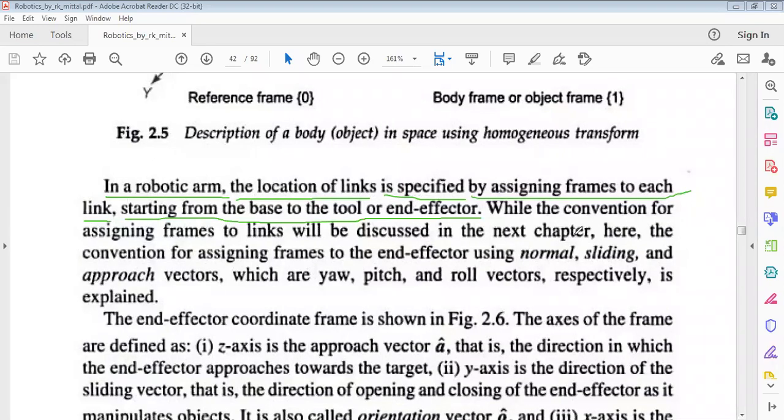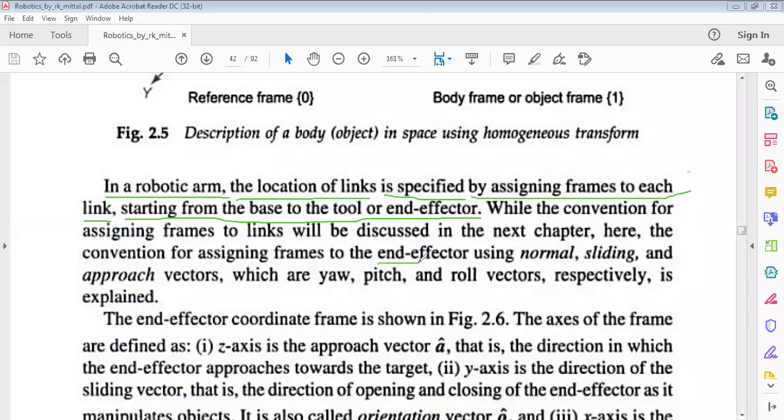For that, we need to assign different frames at each end of the link, from the starting point of the link at the base to the last link, the tool link, which means the end effector.